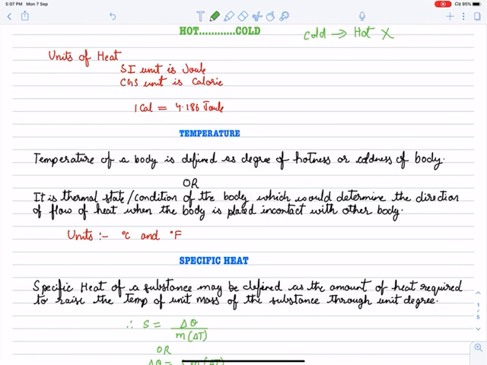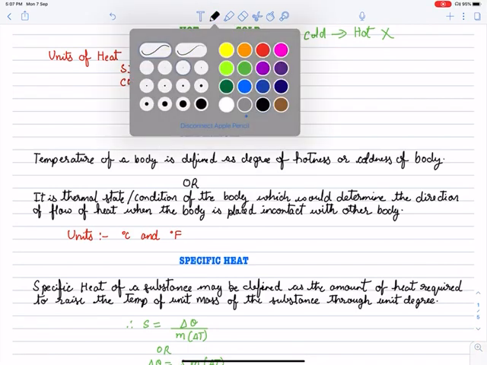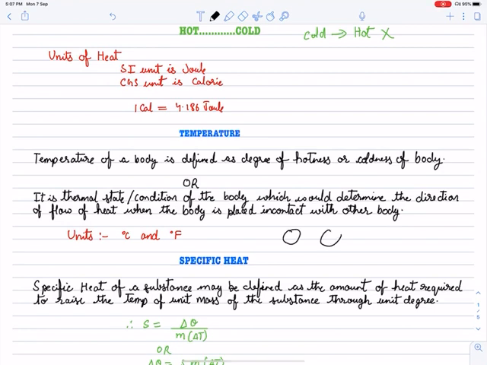We do not know the degree or anything. So how do you measure the direction? Temperature determines the direction of flow of heat. This is the definition of temperature.